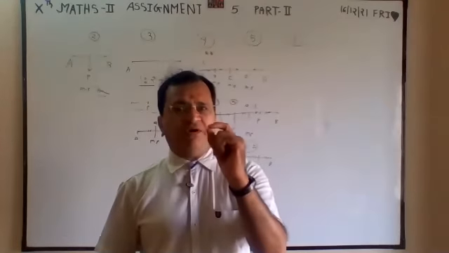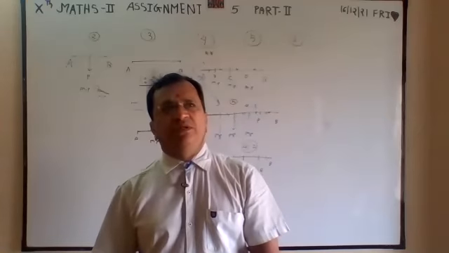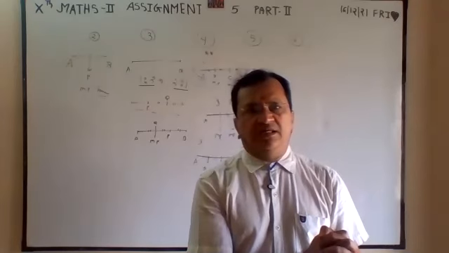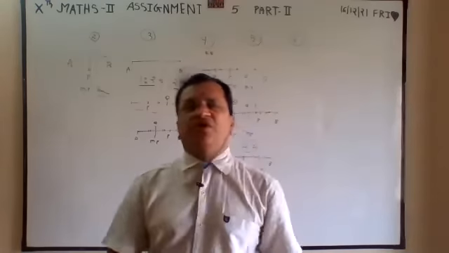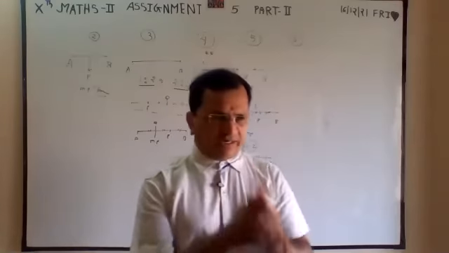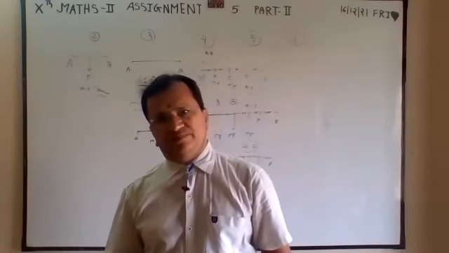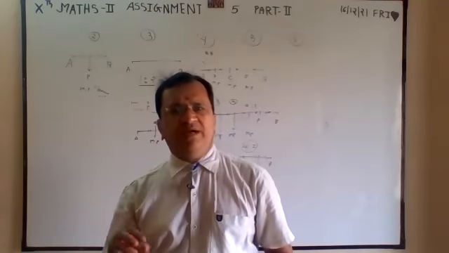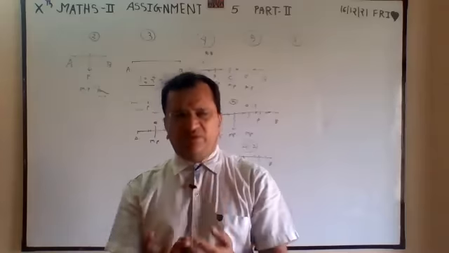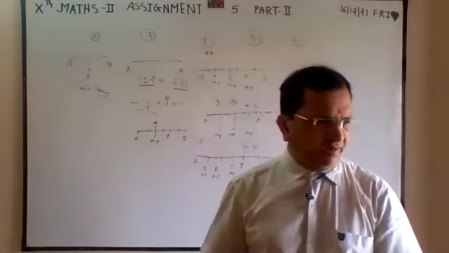And one very important objective they can ask, they have asked maximum number of times: write an equation or a formula to find the distance of any point from the origin. So you can write r square is equal to x square plus y square, or you can write r is equal to under root x square plus y square. And from one point, take the square of those two numbers, add, take square root, that is the distance of that point from the origin.